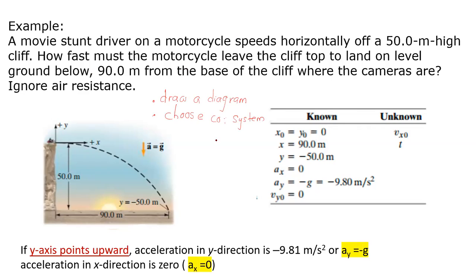That means tell yourself what is positive and what is negative, because everything depends on that. If you want, you can always pick x and y as here, though this is not a rule. Then make a table.